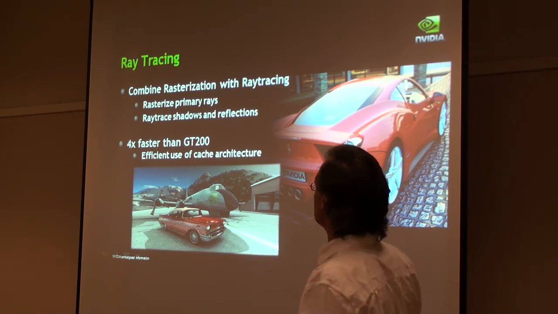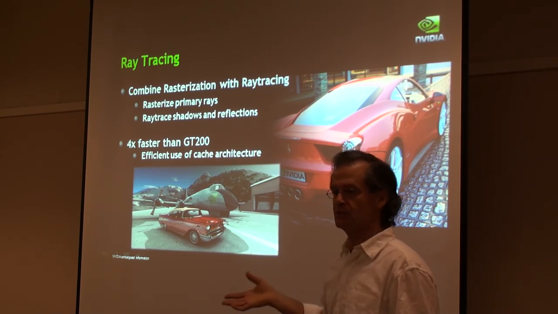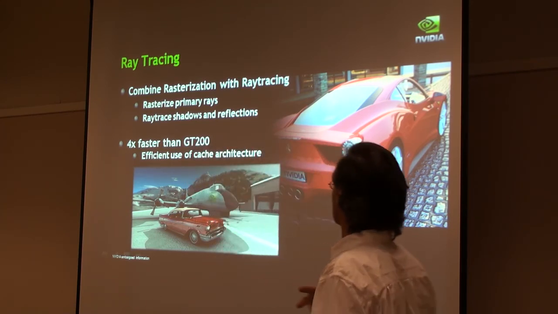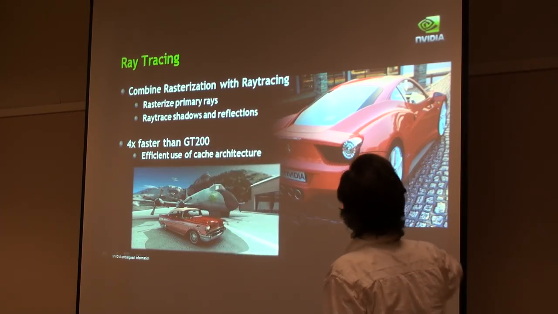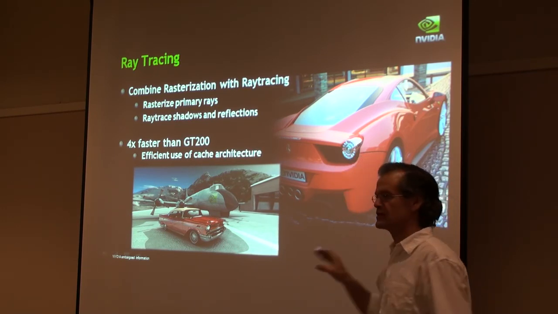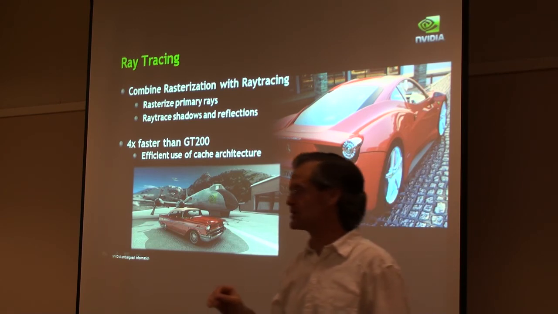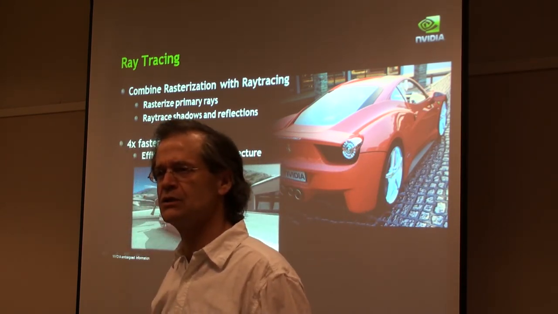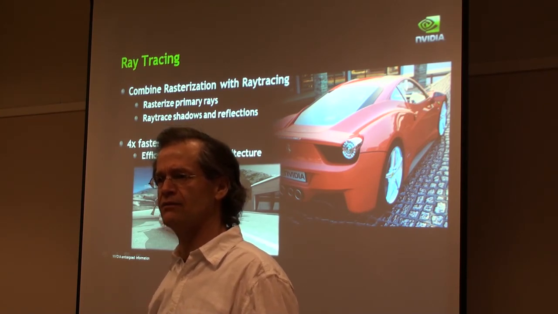And you're seeing the same ideas brought to bear in the GPU world, and using compute enables that kind of thing. This picture on the right is just a really nice rendering of a car. This is using some ray tracing technology. You're getting a demo later on today of that.